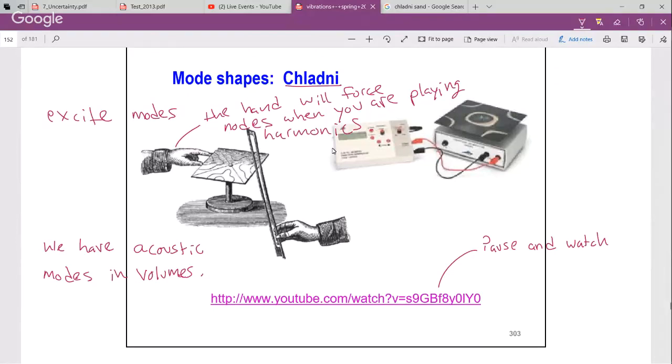All right, so I don't want to waste any time talking about this. But with a mode on the structure, you've got relative displacement, a large displacement, and at a nodal line or point, you have no displacement. So what else is going on? With acoustic modes, we're sending out sound pressure waves. So the sound pressure level, which is equivalent to the displacement level of the structure, is what's varying.